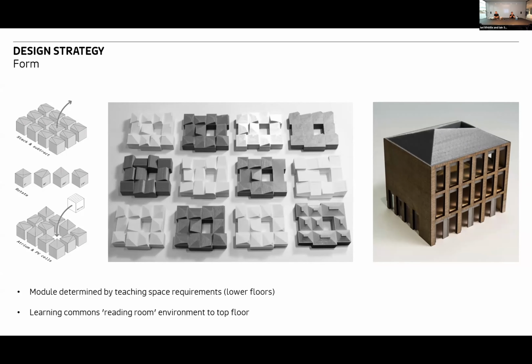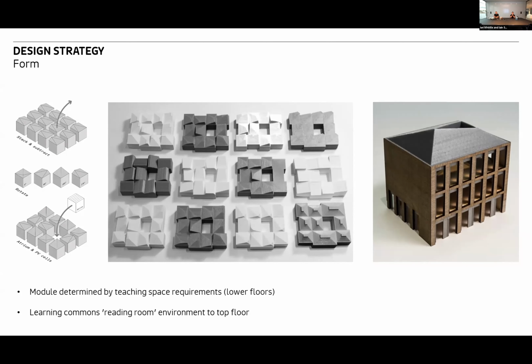So we developed a 15 by 18 plan module, which really responded to all of the various requirements for teaching spaces. And we developed a plan which located all of those teaching spaces at the lower floors of the building, and sat a large scale learning commons across the whole of the upper floor.